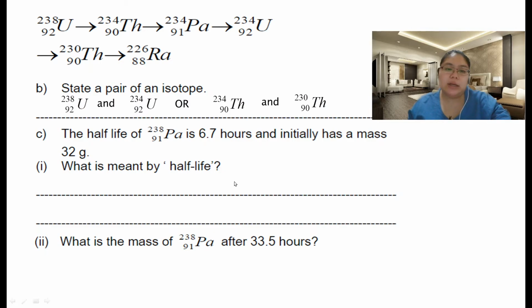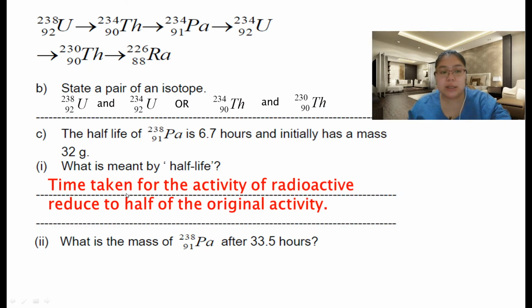What activity? The activity is the radiation. Now we see the full definition: time taken for the activity of a radioactive substance to reduce to half of the original activity. So this activity, we call it radioactive activity. When it falls to half, we take the time. That time we call the half-life.